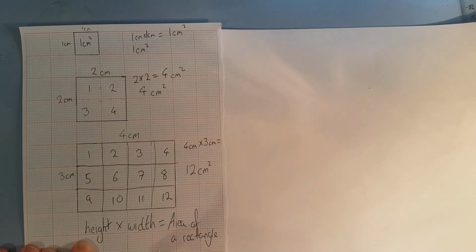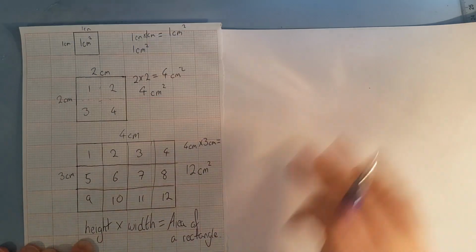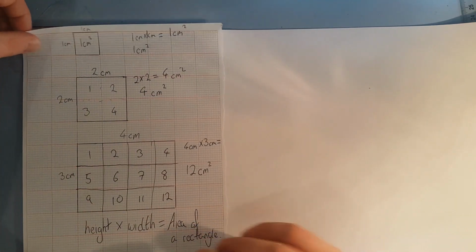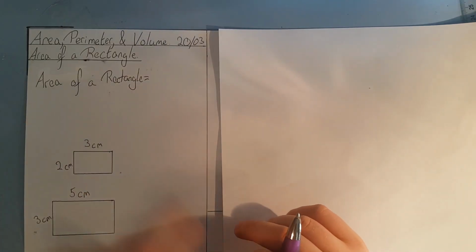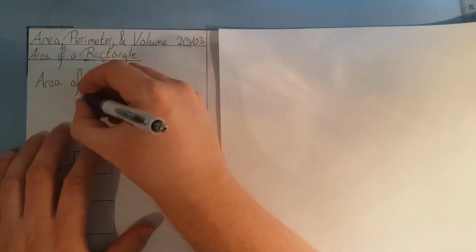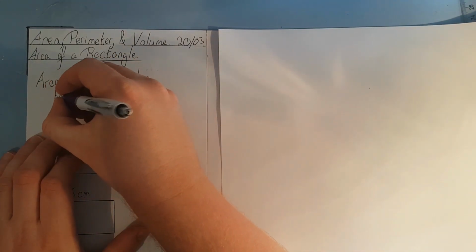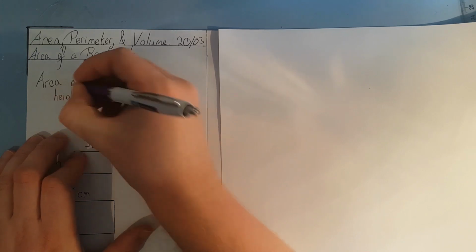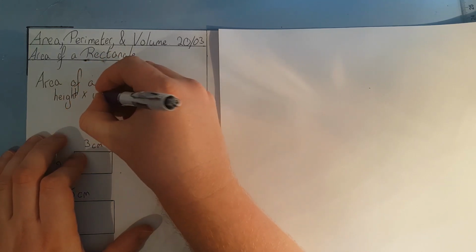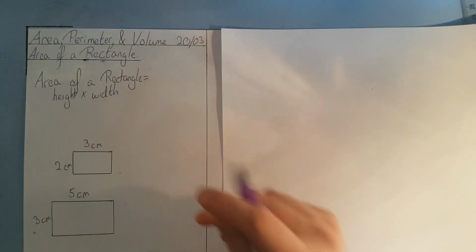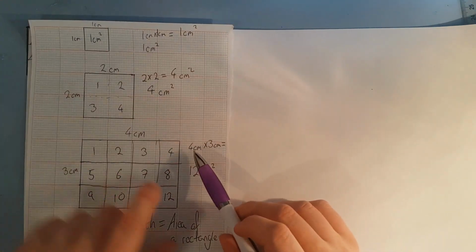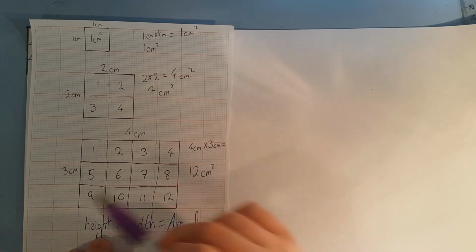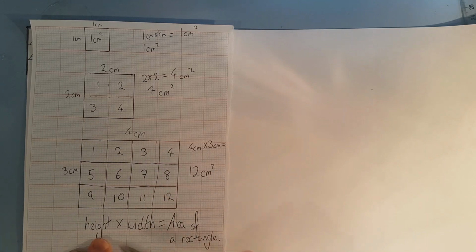Okay, so let's write that into our general little page that we work off of. So back to this area of a rectangle, that's going to be height by width. Now, what you might notice is in this one, I multiplied 4 by 3, but 3 is the height and 4 is the width.